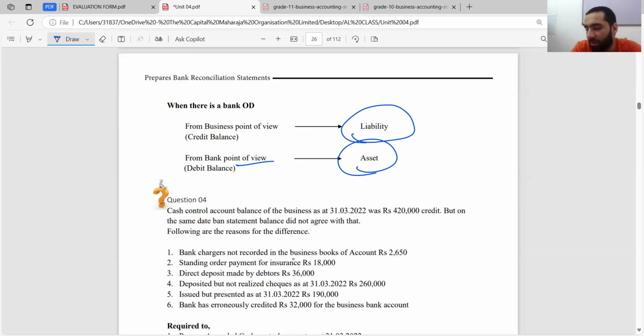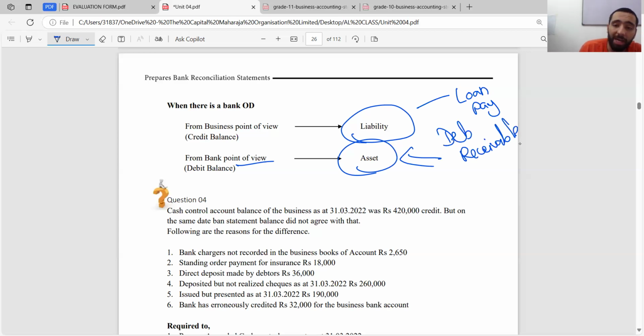Because it is a loan that you need to pay to the bank. Why is it an asset for the bank? The bank will be receiving something in the future. This is a receivable. Can you remember debtors? Debtors is an asset for the bank, an asset for anyone.